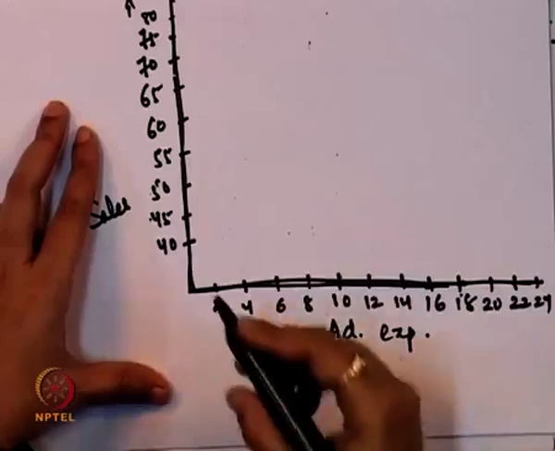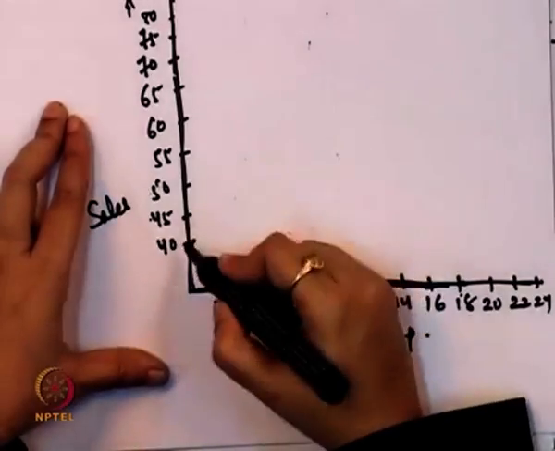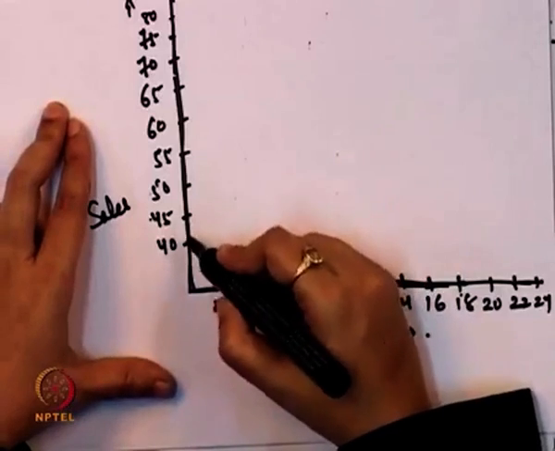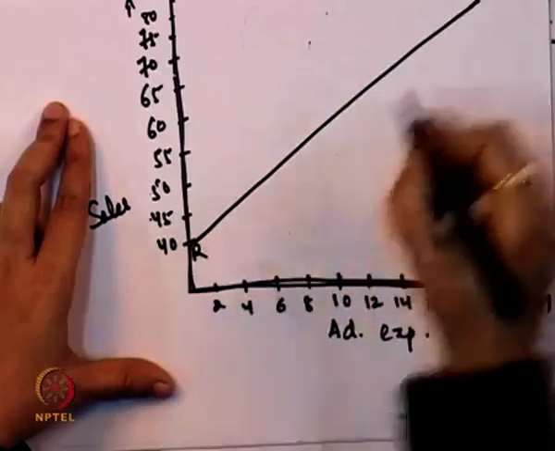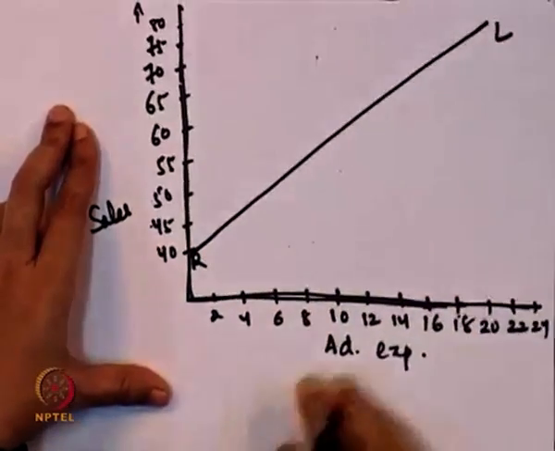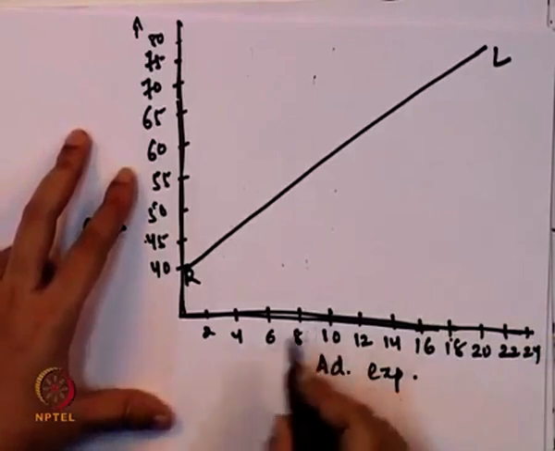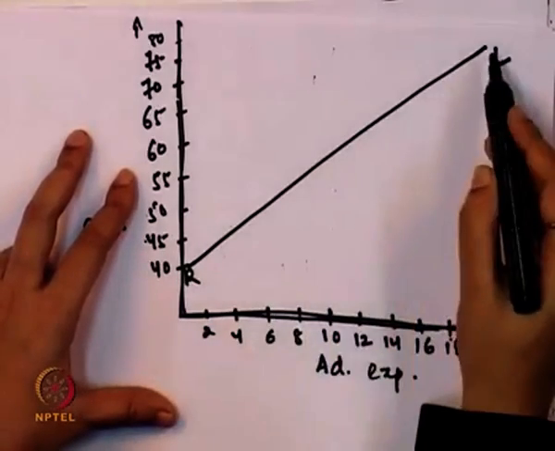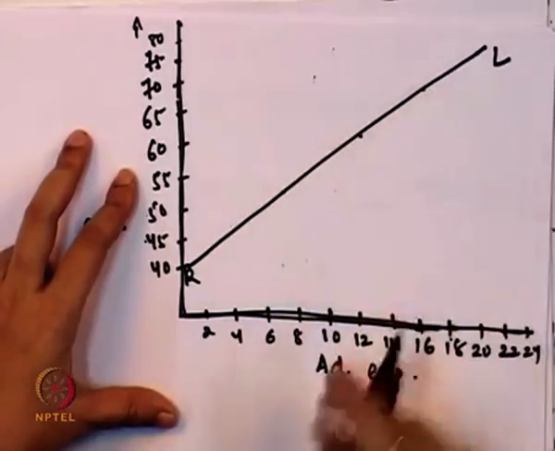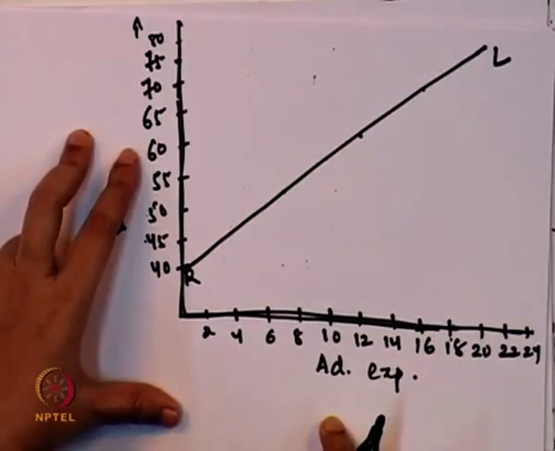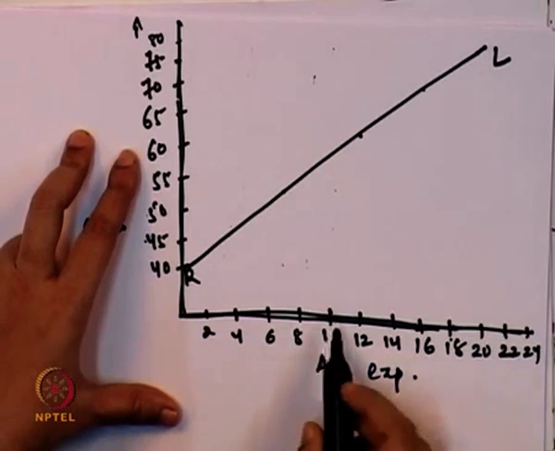Okay. So suppose the value of the intercept starts from here, and we take a regression line, suppose this is R and suppose this is L. Maybe there are different combinations here of the advertisement expenditure and the sales. Suppose we get a combination that is 10 and 58.